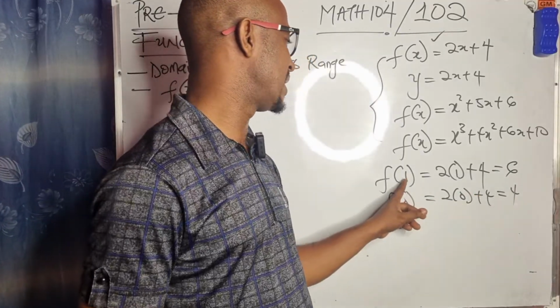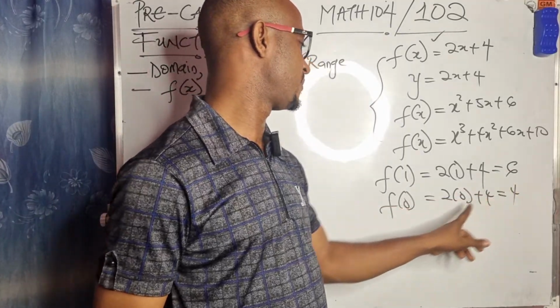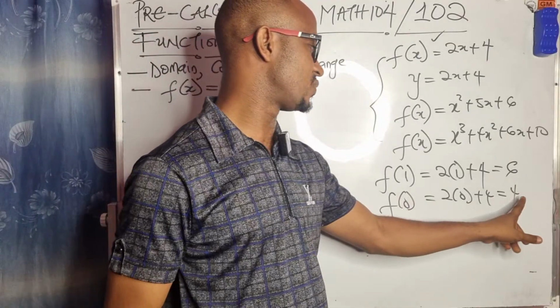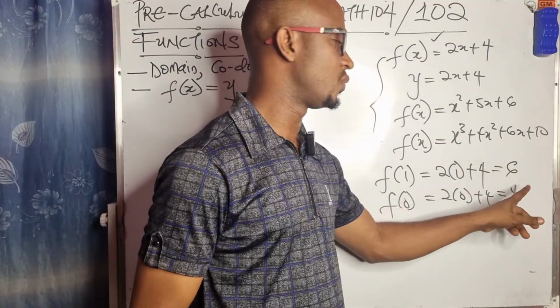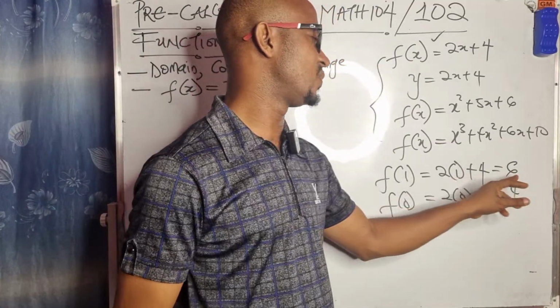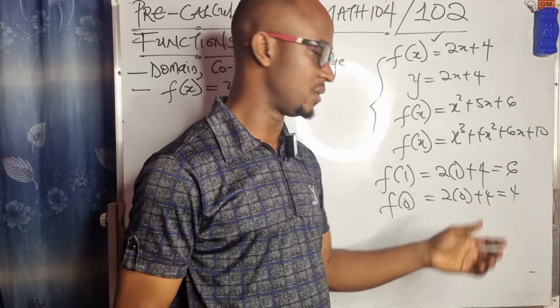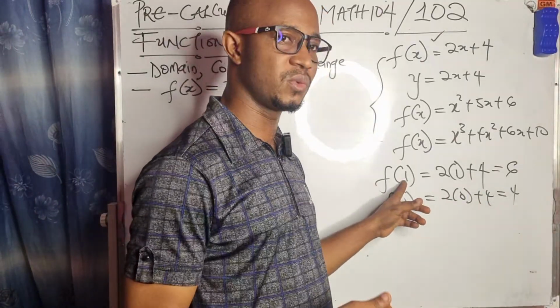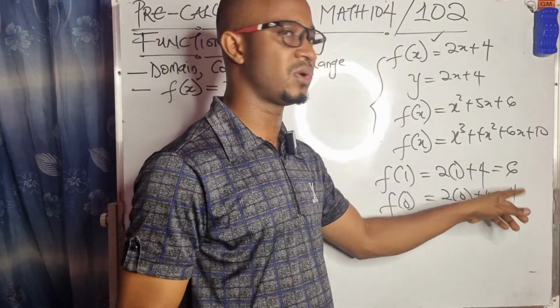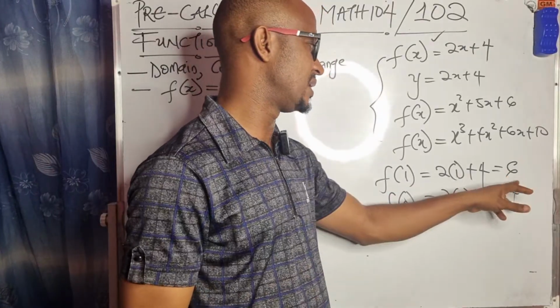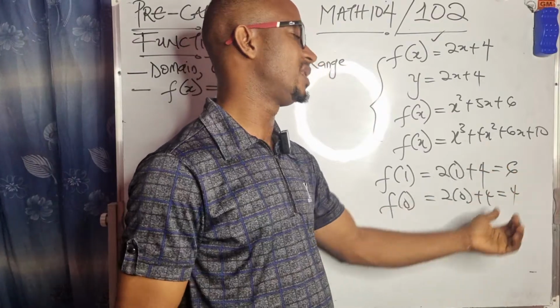That means that when x is 1, y is 6, and when x is 0, y is 4. So it is your input that determines your output. Without the input, we can't get the output. The input, which is x, is the independent variable, while the output is called the dependent variable, because y depends on the x value.